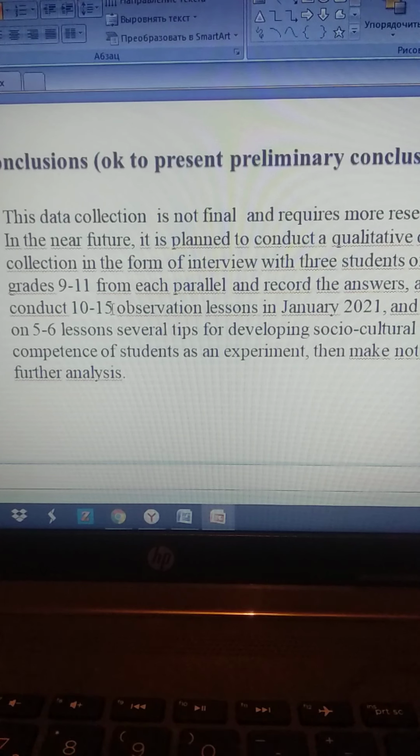Also, I'm going to conduct 10 or 15 observation lessons of my colleagues next term, in the 3rd term.